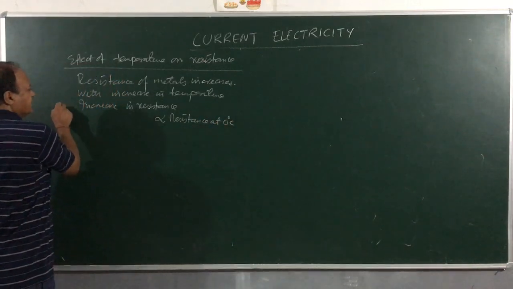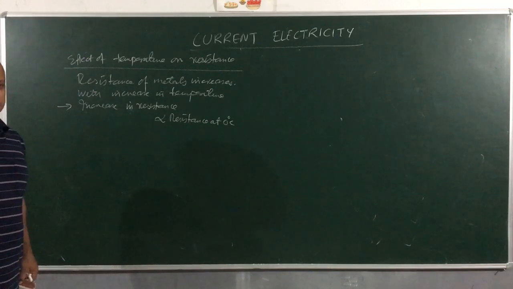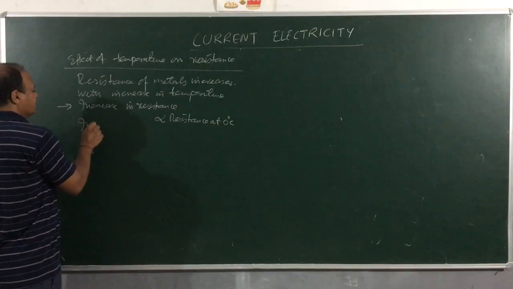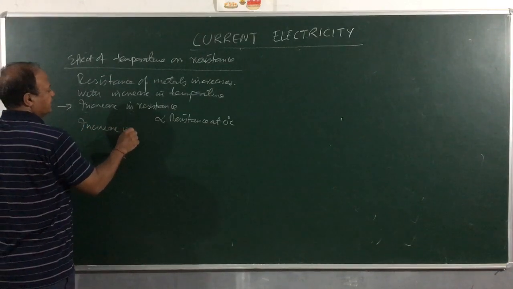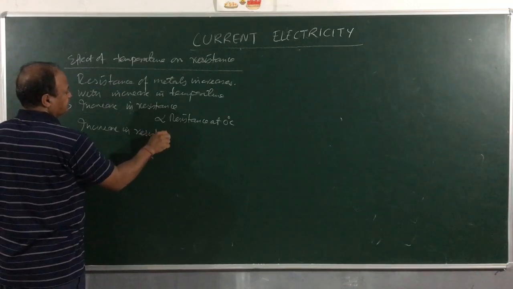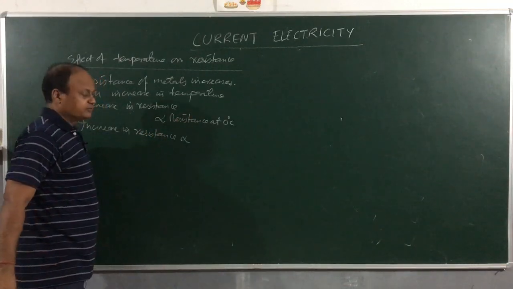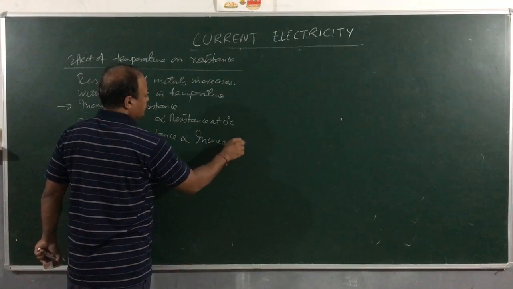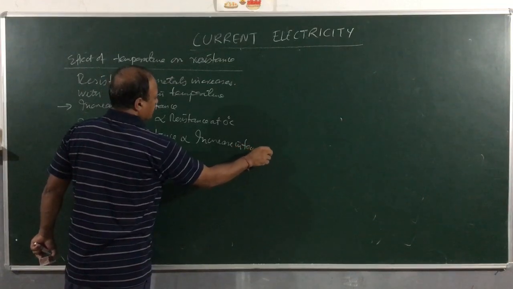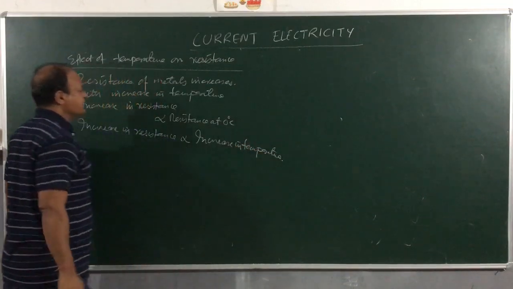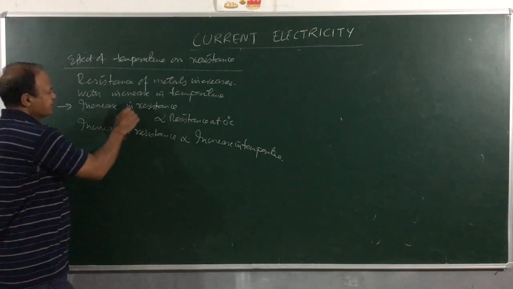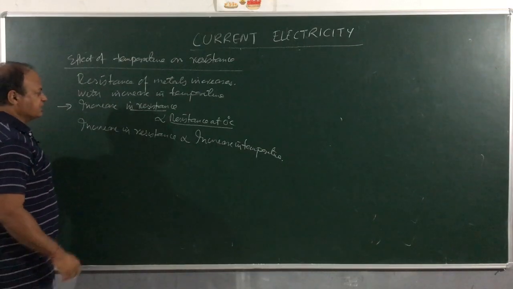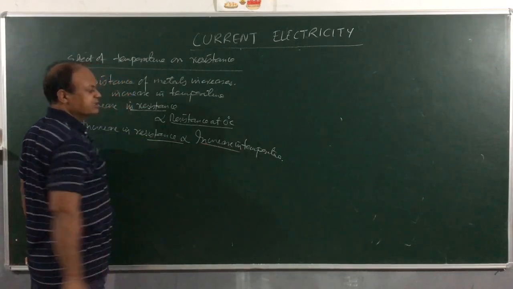This is the first factor. And also increase in resistance is directly proportional to increase in temperature. So increase in resistance depends upon how many factors? Two. Increase in resistance is directly proportional to resistance at 0 degree Celsius, and increase in resistance is again directly proportional to increase in temperature.